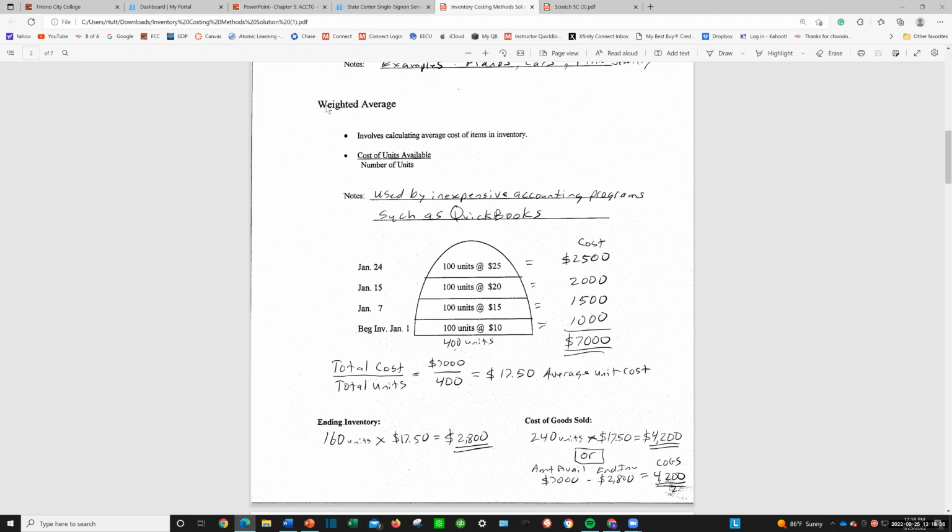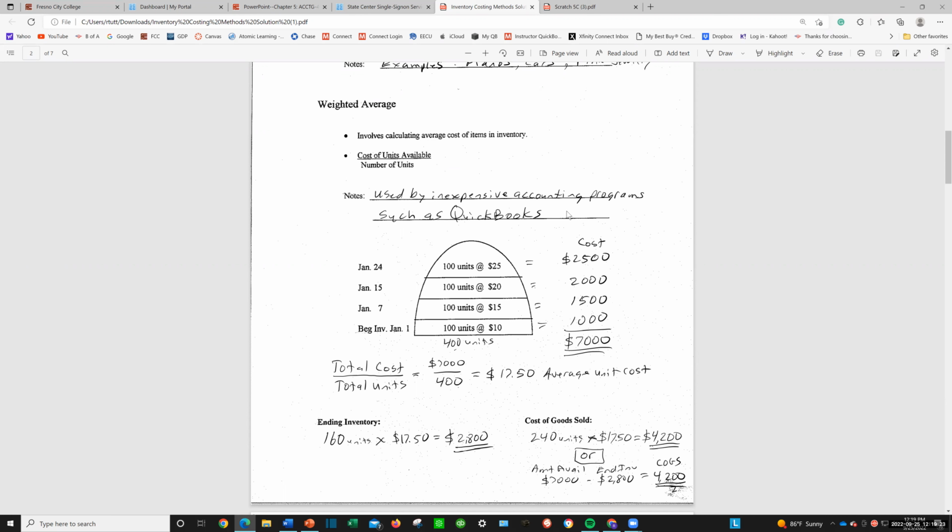The first one is the weighted average. And this involves calculating the average cost of items in inventory. The basic formula you have to remember is the cost of units available divided by the number of units. Now, this weighted average is used by inexpensive accounting programs such as QuickBooks.